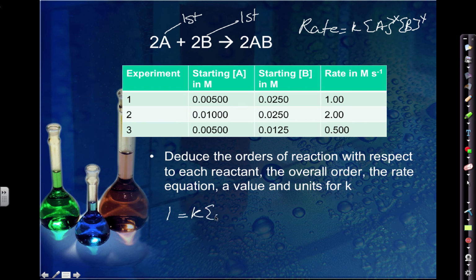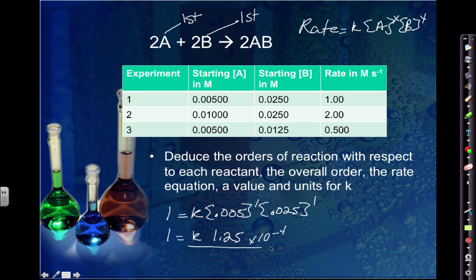Multiplied by the concentration of A, which is 0.005, to the first power, multiplied by the concentration of B, which is 0.025, to the first power. All right, so 1 is equal to K times this, and I get 1.25 times 10 to the negative 4th.